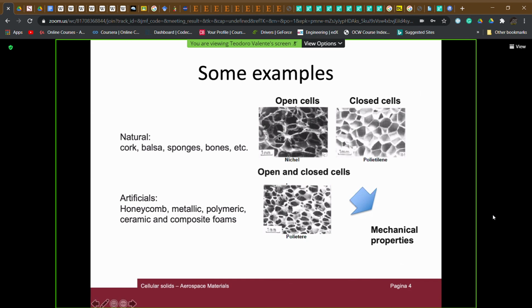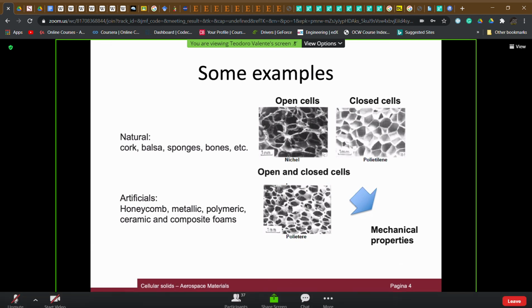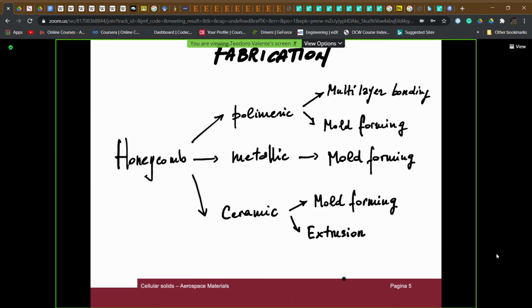This picture here is the case of a nickel-based open cell. This is a polyethylene. This one is a polyester. That is the third, and the third picture refers to polymeric materials. The first one refers to metallic materials.